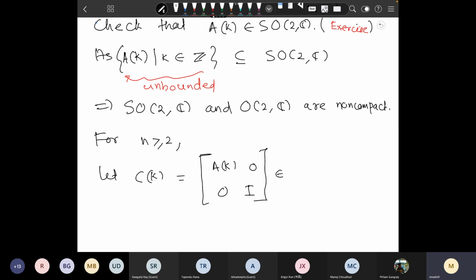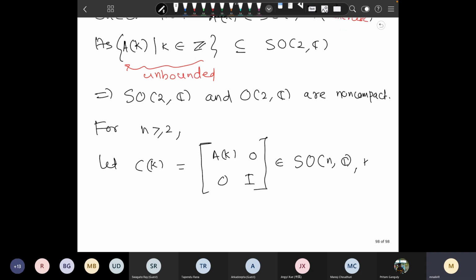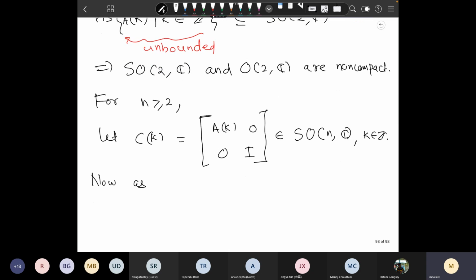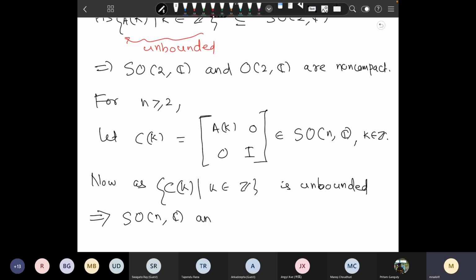You check that this belongs to SO(n, C), where k belongs to Z. Now as C_k, with k belonging to Z, is unbounded, this implies that both SO(n, C) and O(n, C) are non-compact.